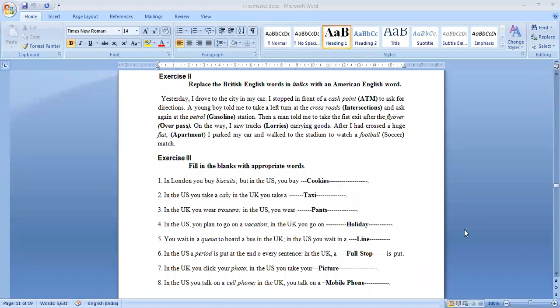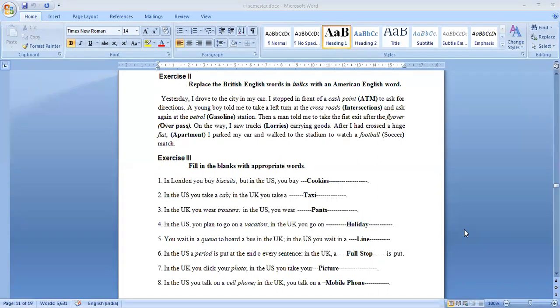After exercise number 1, we have the second exercise, exercise number 2. In exercise number 2, the student is asked to replace the British English words in italics with an American English word. Here you are given a small paragraph in which certain words are given in italics.